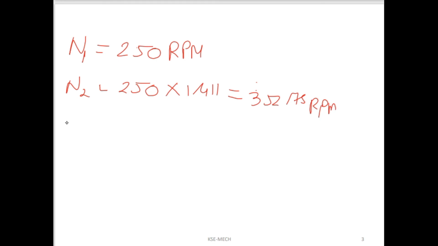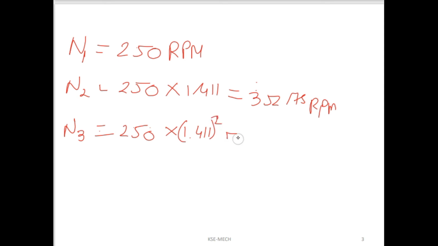Next speed, N3. Again we have to take the minimum speed, 250, into the progression ratio, but now we will multiply it 2 times, 1.411 squared.